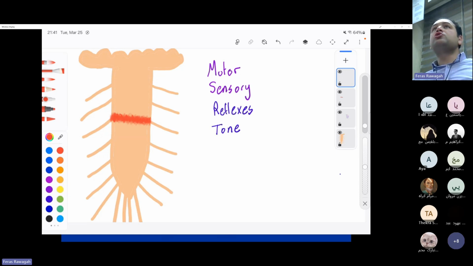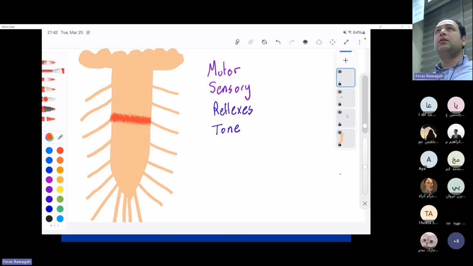And each nerve root also has a myotome. The myotome are group of muscles innervated by this specific nerve root. So each nerve root has a dermatome and has a myotome. And those dermatomes and myotomes should be memorized in order to determine the spinal cord injury level. Okay?